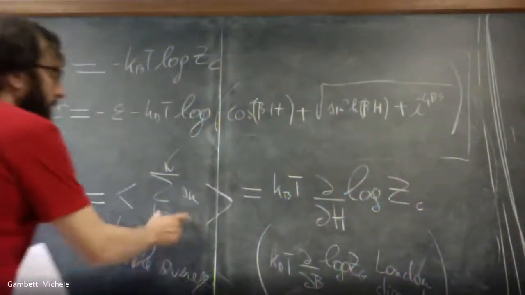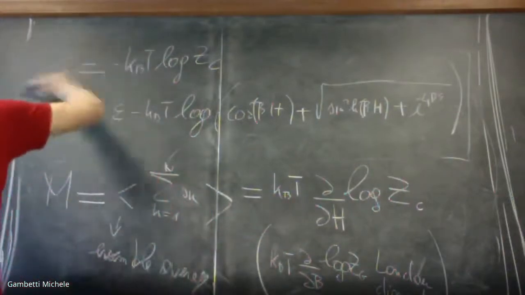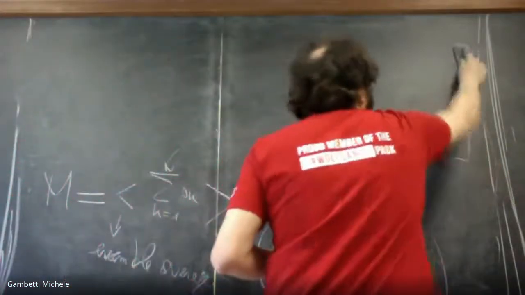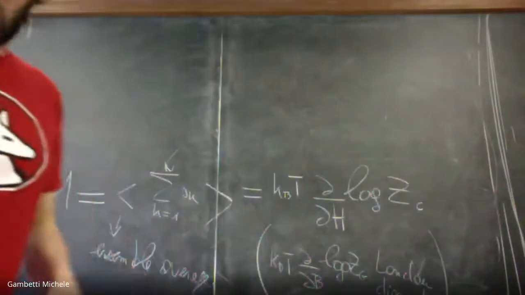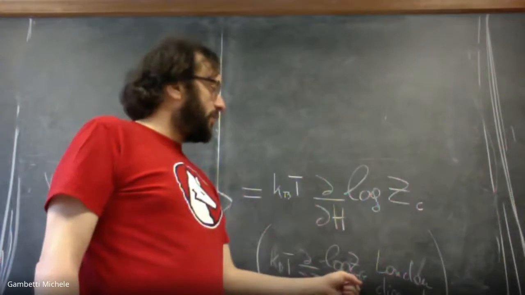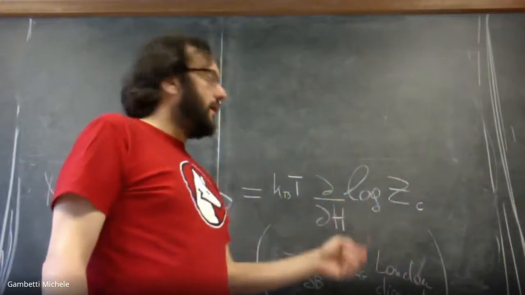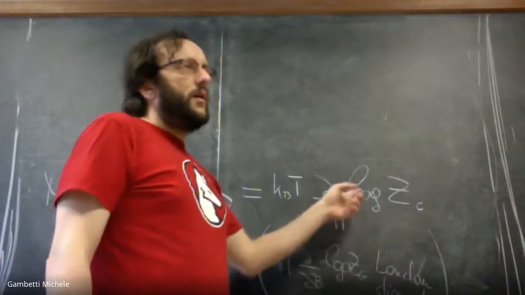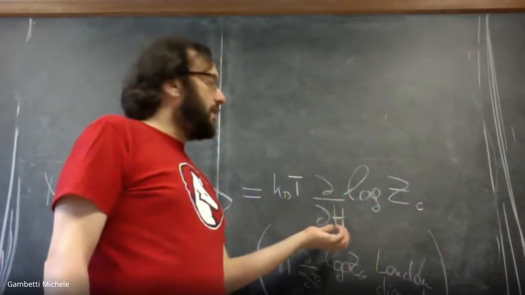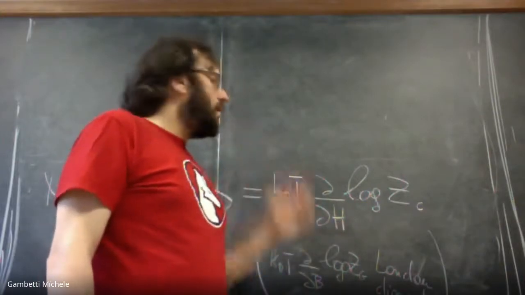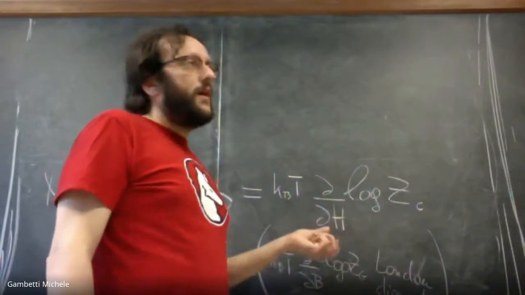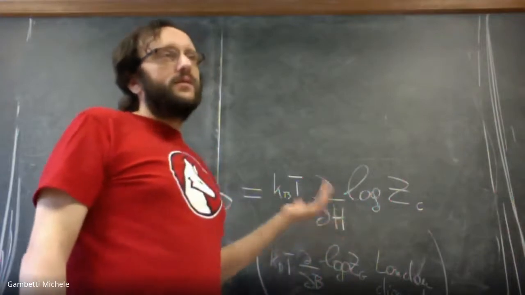Okay, now where does this come from? You have noticed that when I take the canonical partition function, or the grand canonical partition function, I compute the log, and then when I compute the derivatives, those derivatives give some quantities. In the case of the internal energy, I have to derive with respect to beta. In the case of the magnetization, I will derive with respect to H. And the structure is basically the same.